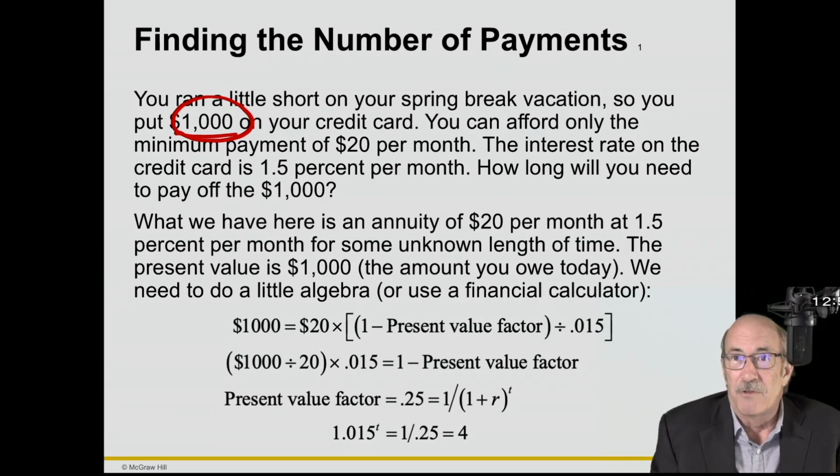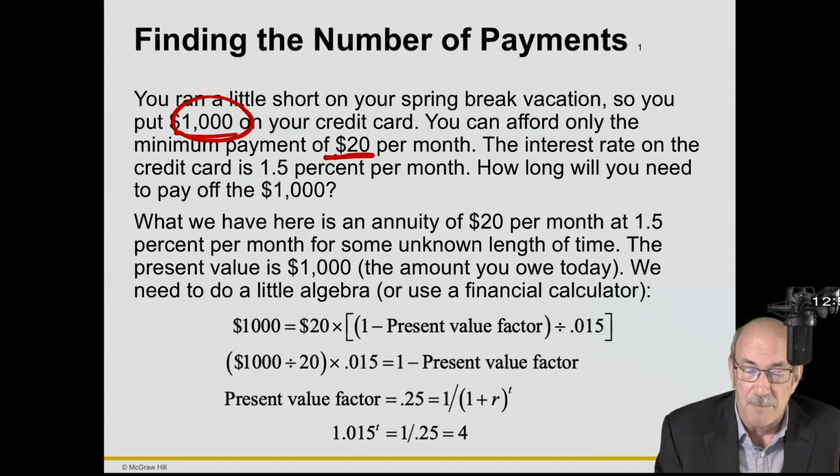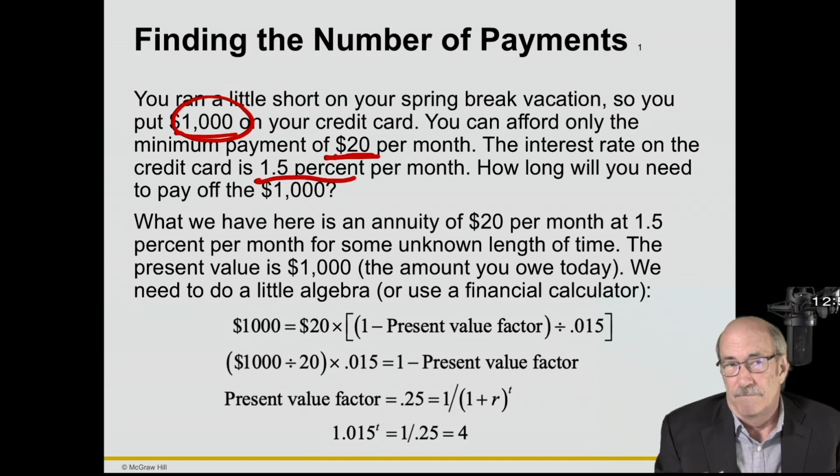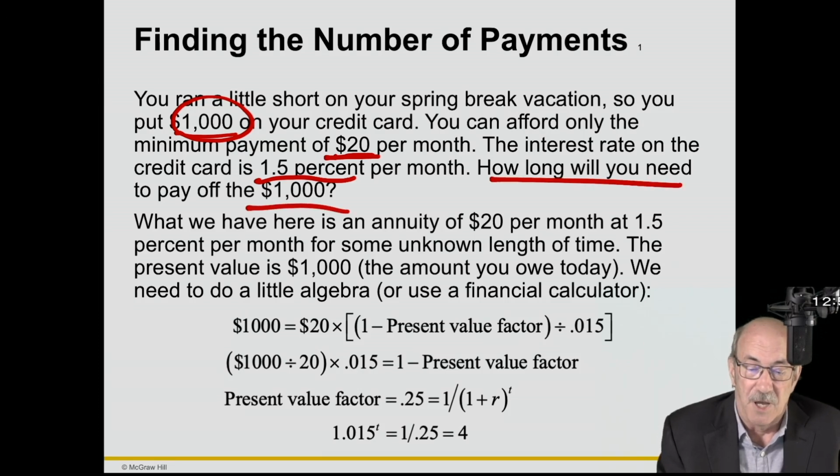All right, so we borrowed the $1,000. We're only going to pay back $20 per month. The rate is 18% annually, but in the case of the credit card, they're compounding monthly, so it's 1.5% monthly. How long will it take to pay off $1,000?